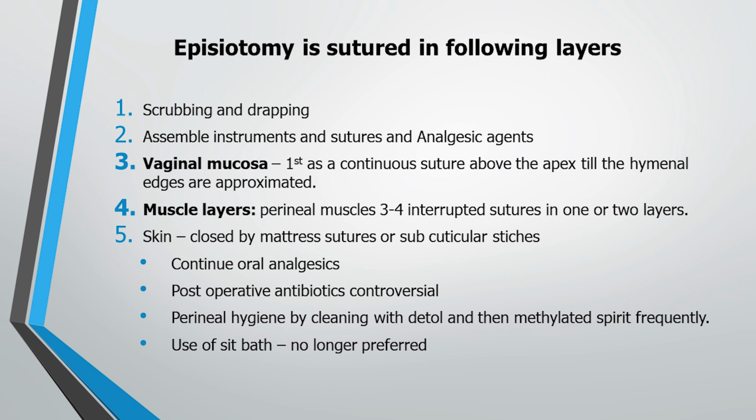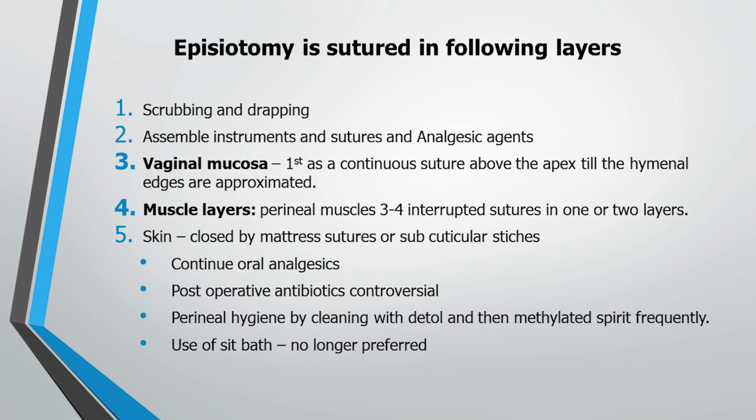But you are likely to cut through the superficial and then the deep perineal muscles. And these muscles may be sutured in an interrupted manner. Although some people now suture them continuously, that may not secure good hemostasis. Interrupted sutures for the muscle layers are better than a continuous suture.